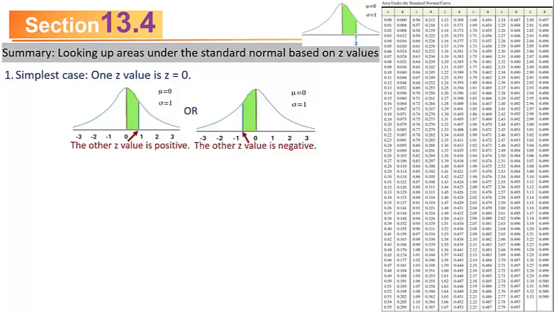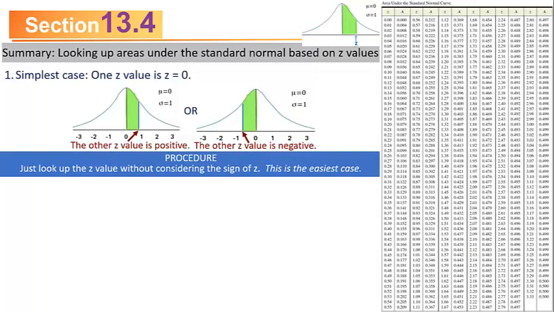If the right value is 0, then the other z value is negative. But they're equally easy to solve because of symmetry. Those two areas for the same z value in absolute value are the same. So you really can ignore whether z is positive or negative if one of the values for z is 0, and just look up the positive z value. That's the easiest case, and we've done it numerous times by now.